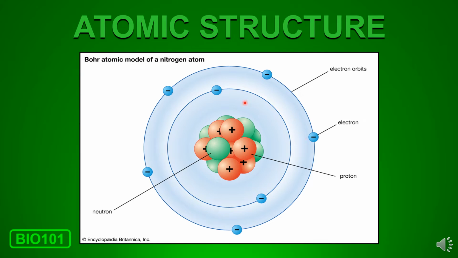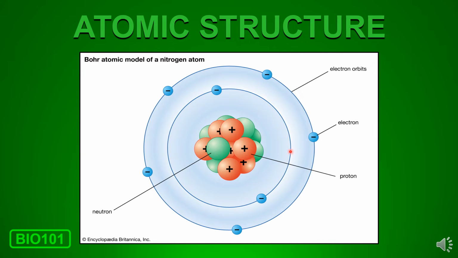Now, traveling around extremely fast in various levels, various orbits, or energy levels, we'll look at both terms as we go along, are the electrons. Electrons have a negative charge. And so by definition, in a neutral situation, we have to have the same number of protons as we do the number of electrons.